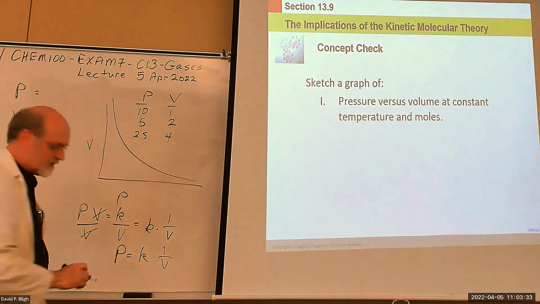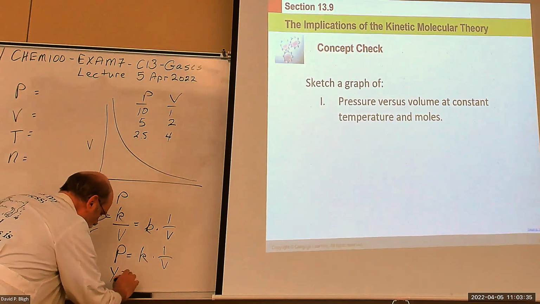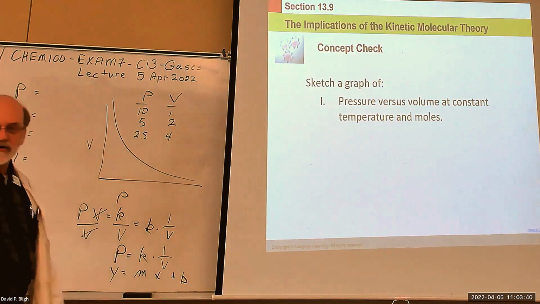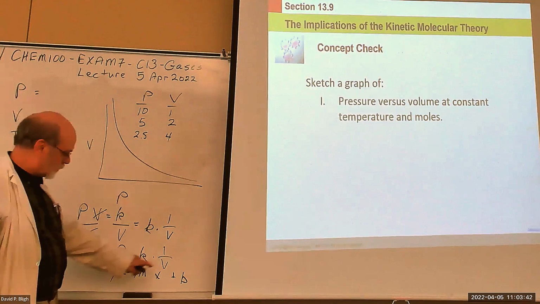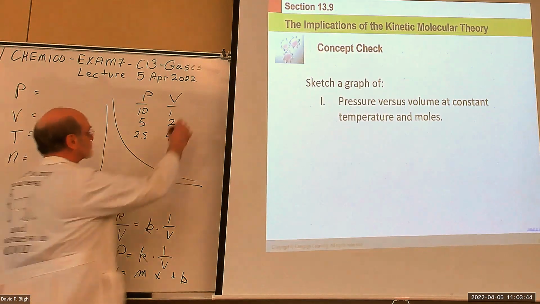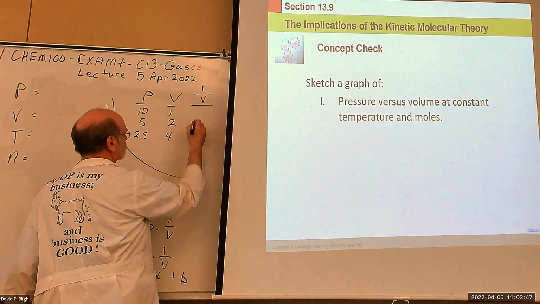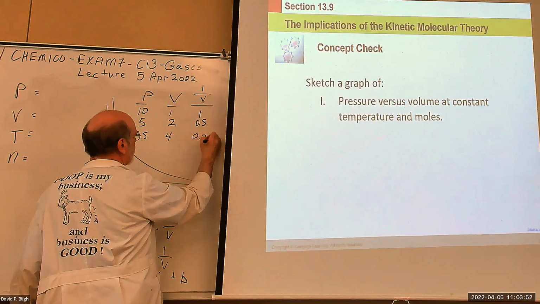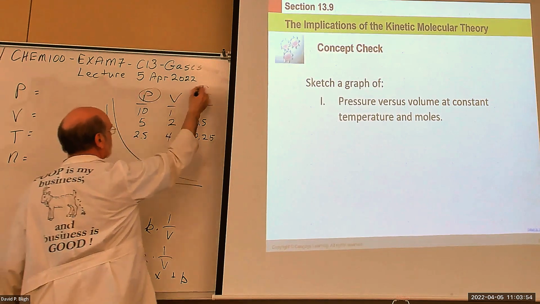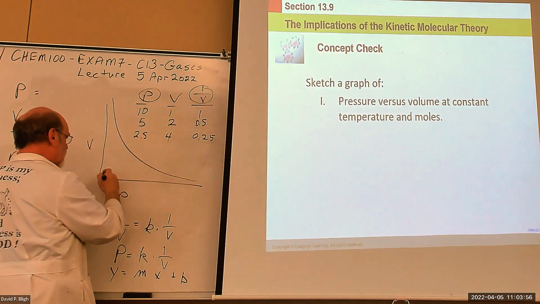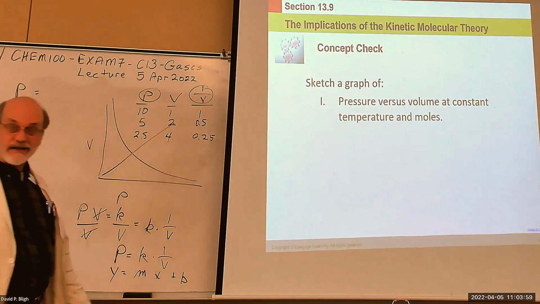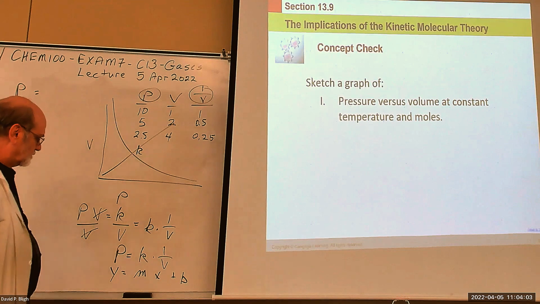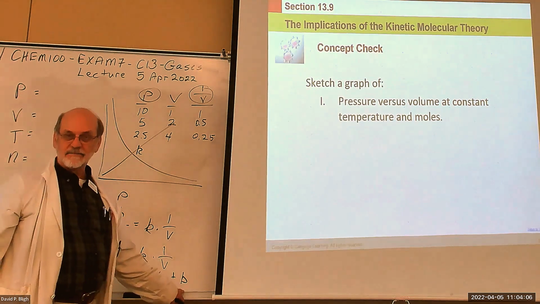What does that look like? That looks like y equals mx plus b. Straight line. If we take the inverse of volume, right, 1, 0.5, 0.25, and we plot this one against that one, we get a straight line, and the slope is K. Now, what's b? b is the y-intercept.